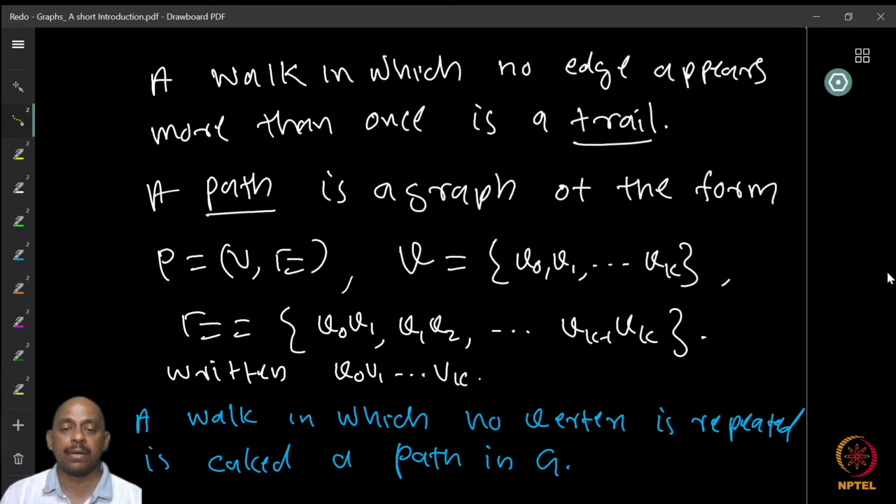So if a subgraph of a graph is isomorphic to a path graph, then we say it's a path in the graph G. Another way to define a path in the graph G is to say that it is basically a walk where I don't allow the repetition of any vertex. Then you can clearly see that the consecutive vertices form an edge, and therefore, since there is no repetition of vertices, there cannot be a repetition of edges. And then we will see that you have precisely the set of edges as we want in the path. So I get a path as a subgraph.